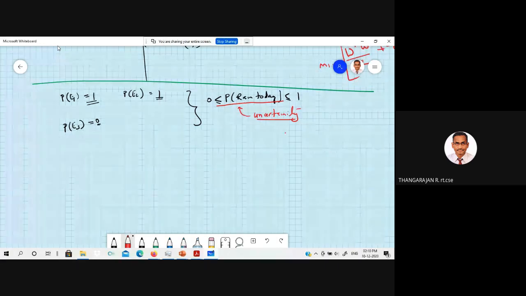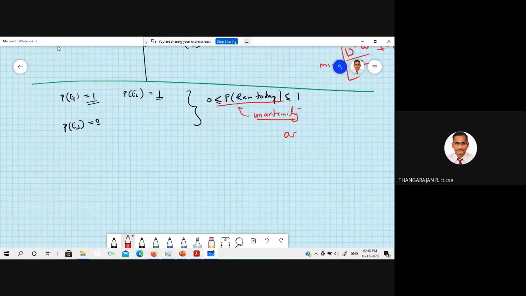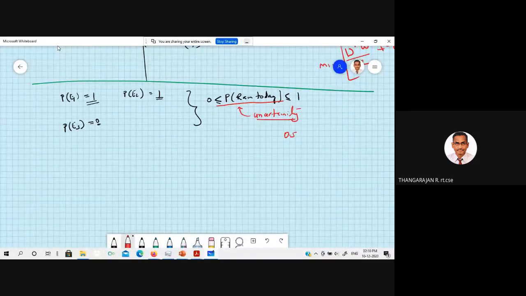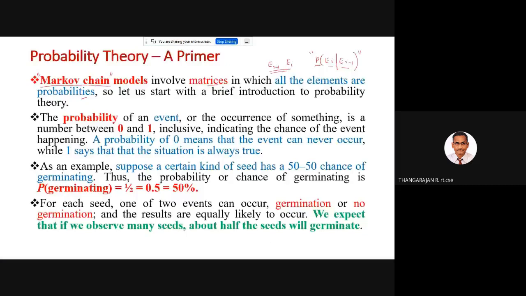So when you say the probability is 0.5, you say that there's a 50% chance of raining or not raining. 0.5 is half of 1. So you say the probability of raining is 50%, not raining is also 50%. Now you have two things, whether it rains or not. That is where the probability comes in.